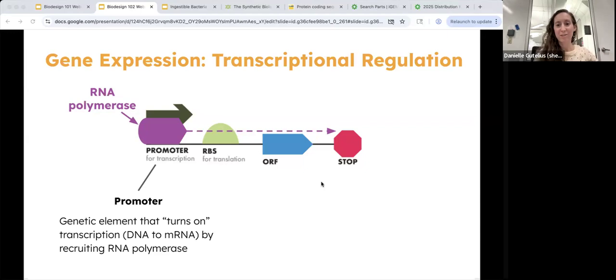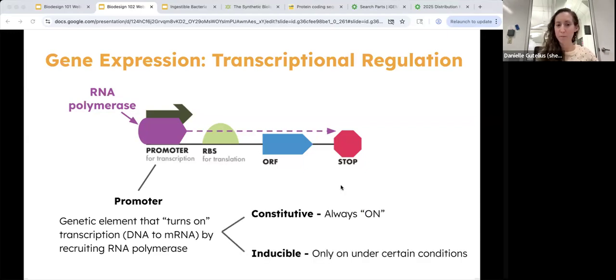Or you can use two different types of promoters. There are two main types. There's a, oh my gosh, I always say this wrong, constitutive promoter, which means it is always on. It's just always available for RNA polymerase to attach and read and transcribe.